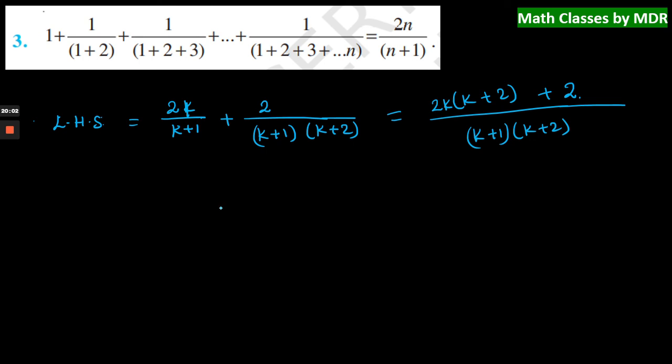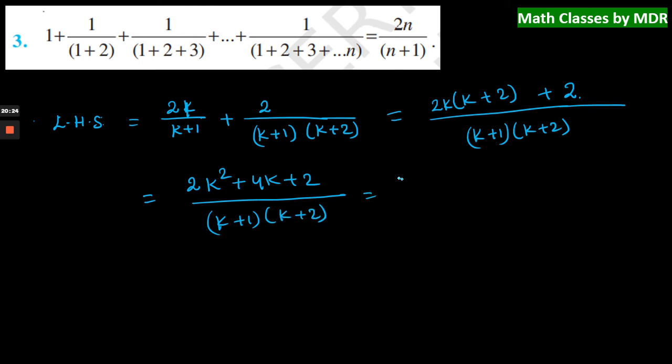Let me multiply first, so 2k squared plus 4k plus 2 by k plus 1 into k plus 2. Let us take 2 common. When you take 2 common, we get k squared plus 2k plus 1 by k plus 1 into k plus 2.